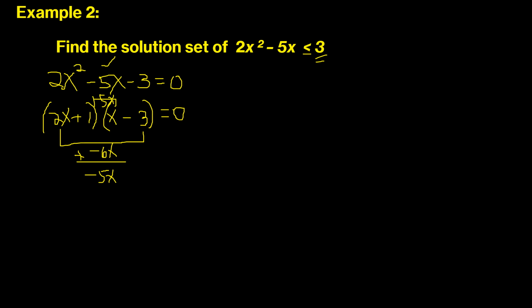Now let's use 2x plus 1, the first factor, to solve for x. Equate it to 0. So 2x plus 1 equals 0. Transpose 1 to the right side of the equation. So we have 2x equals negative 1. Divide all by 2. So x equals negative 1 half.